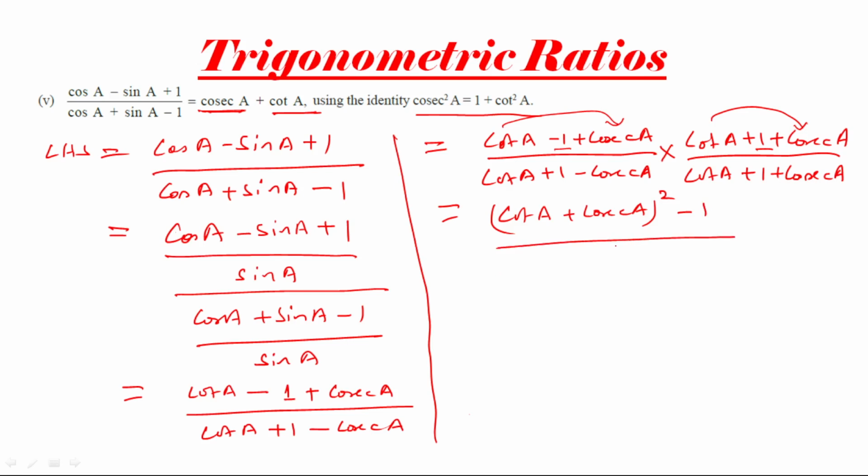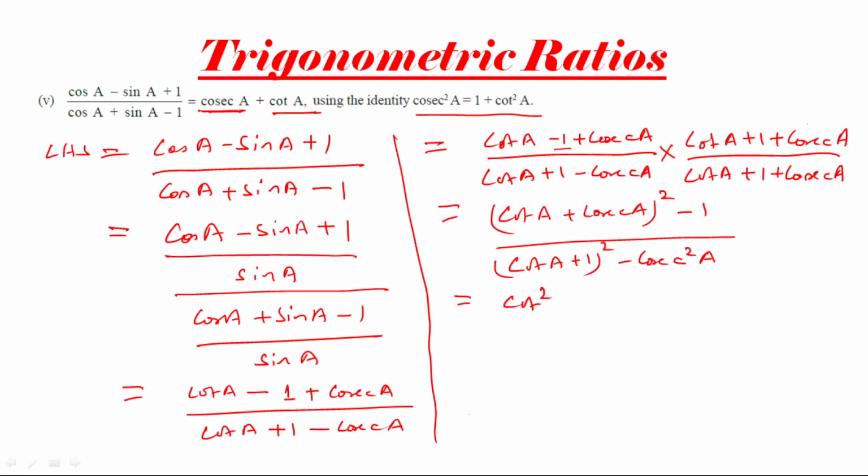Similarly, in the denominator, we can see that cot A plus 1 is same. Here plus cosecant A is there, here minus cosecant A is there. So it means it will become cot A plus 1 whole square minus cosecant square A. So you have understood that is the main requirement. Okay, fine. Now we will solve it.